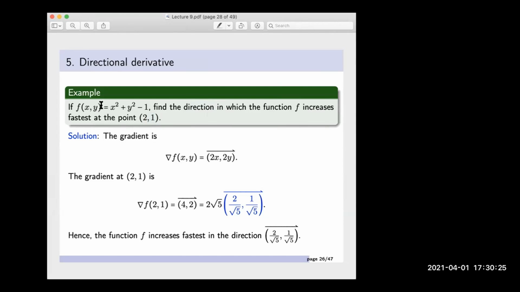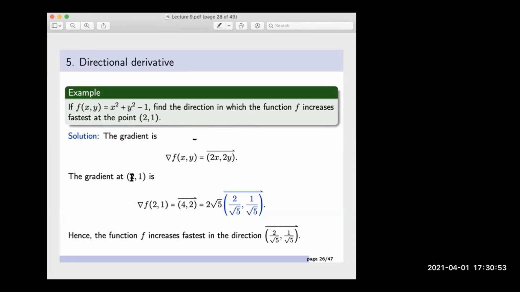So we only need to calculate the gradient of the function. The gradient consists of two components. The first component is the partial derivative in x. It's 2x, right? If you take the partial derivative in y, you get 2y. So this is the gradient. It consists of two partial derivatives.